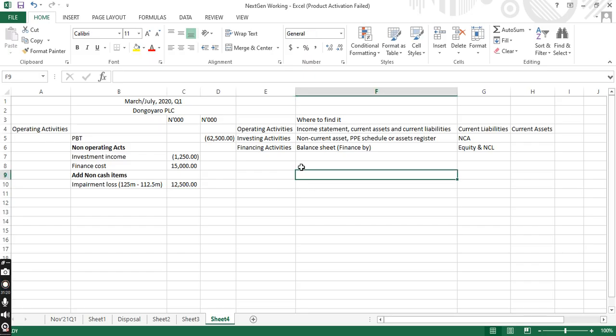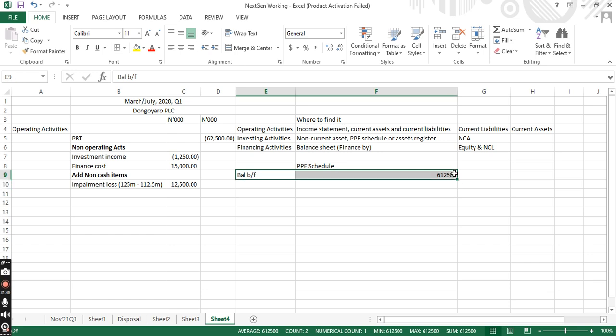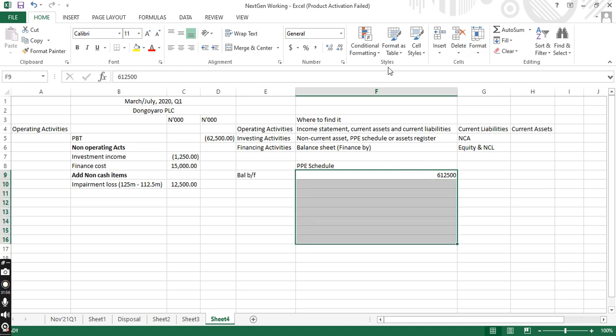So let me do my non-current assets figure, my PPE schedule. Balance brought forward. What's the balance brought forward? 612,500, right? Am I right? You are right, sir.